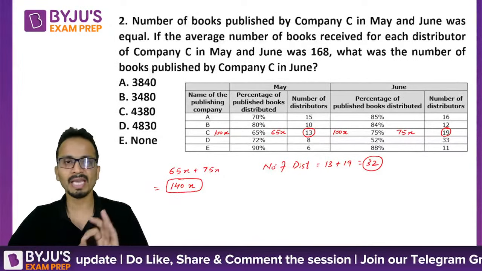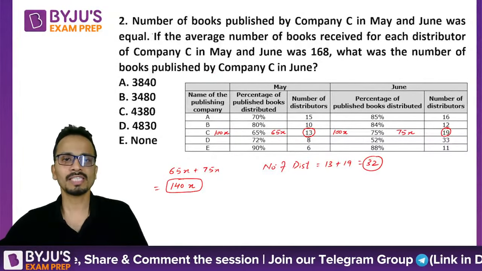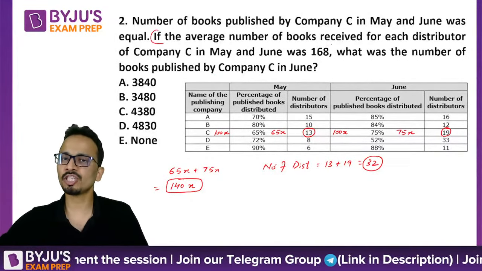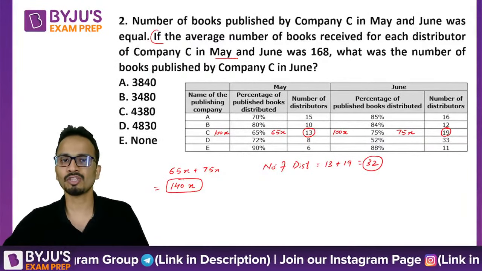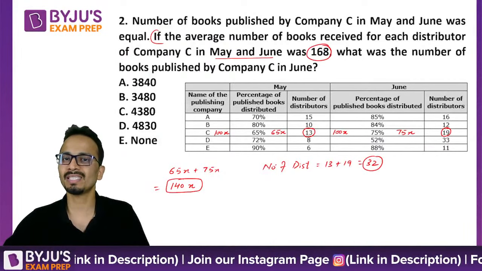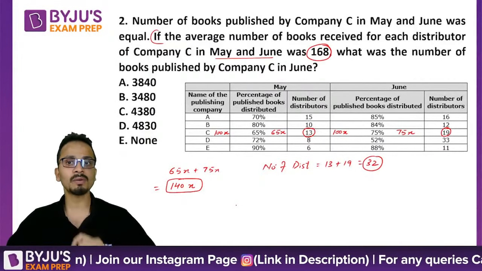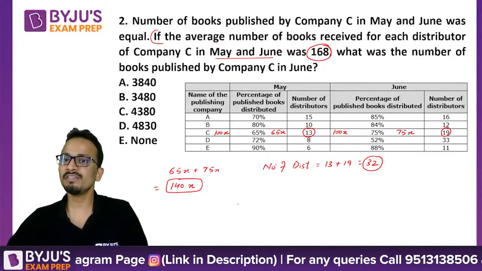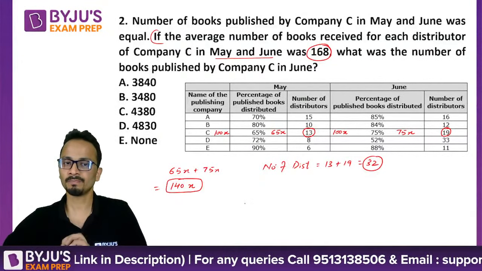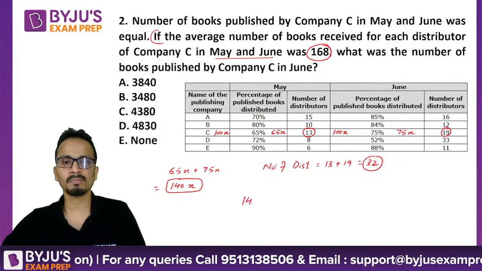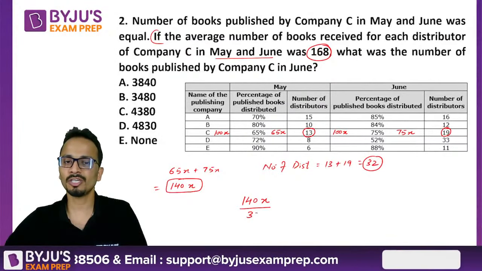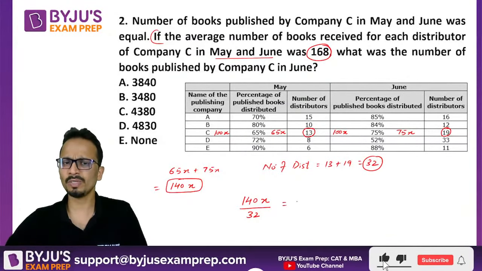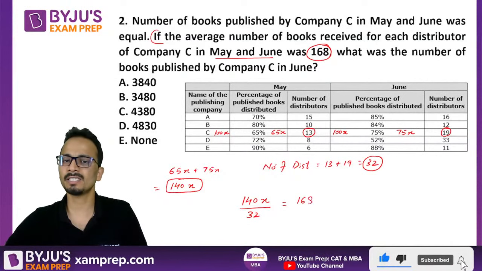The statement says that the average number of books received by each distributor in May and June was 168. So the average will be the total number of books, 140x, divided by 32, and this value is given as 168.